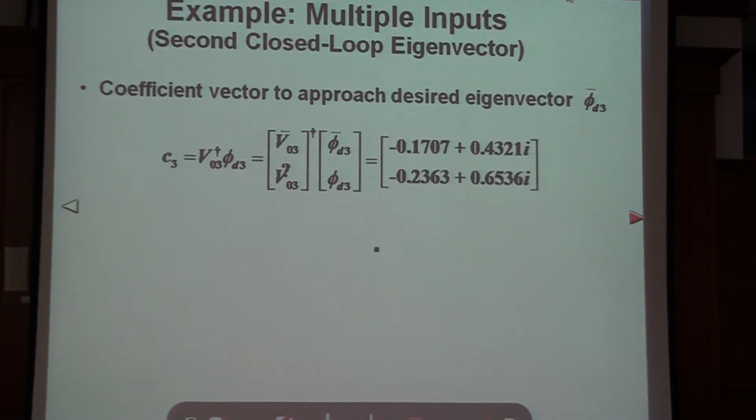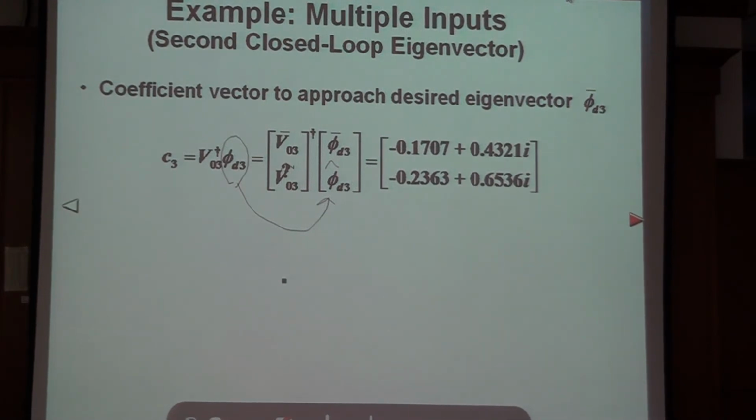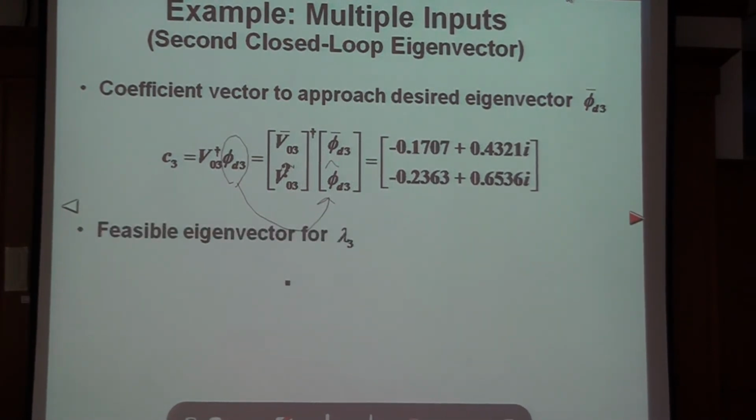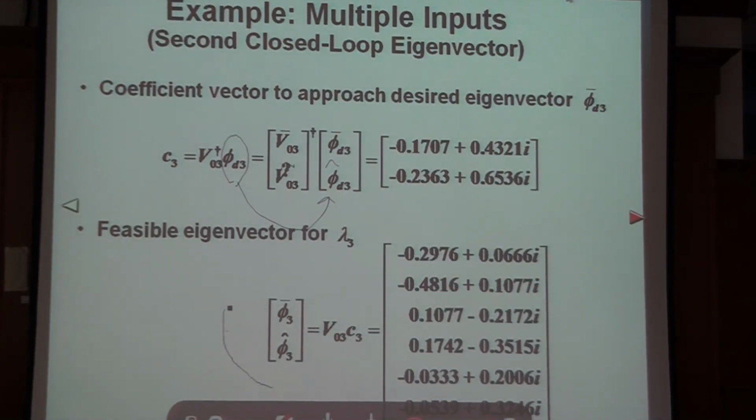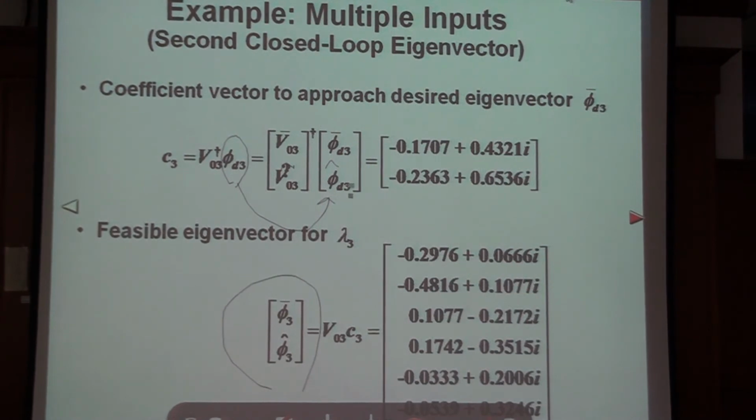Right? And again, that's my hat. And I solve C3 this way, putting my desired one here, that's my desired one. And that's for my number 3. So again, this vector I solve is as close as possible to this.